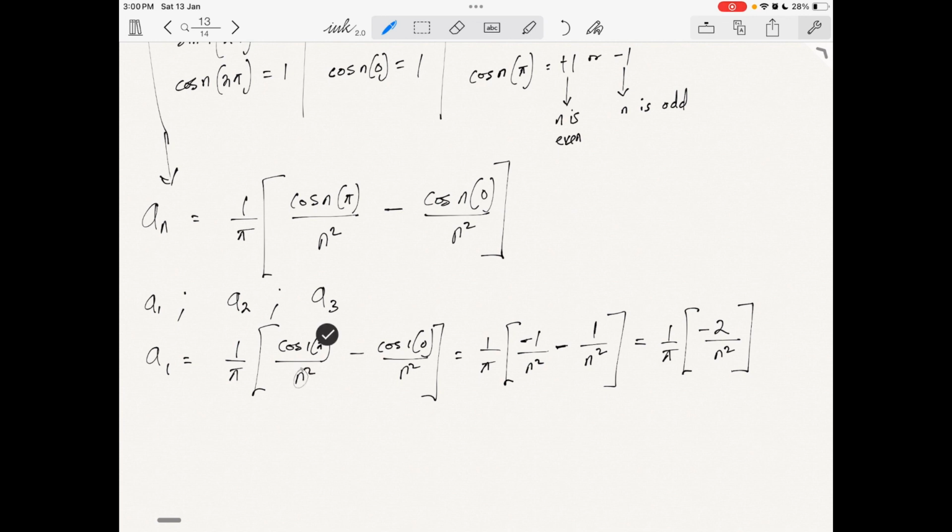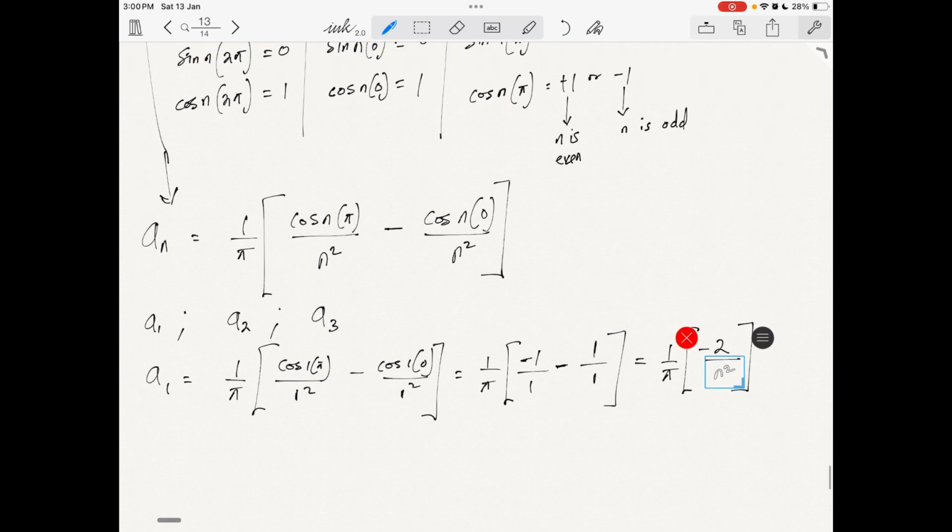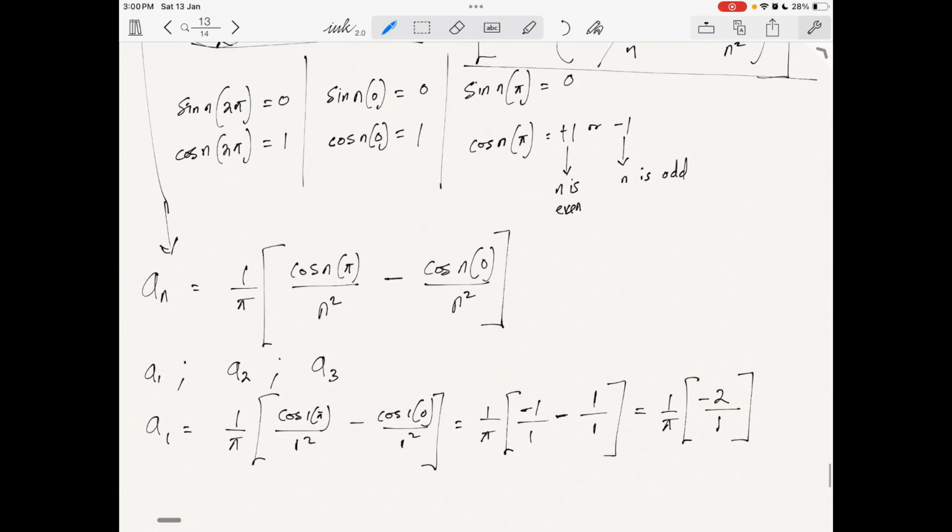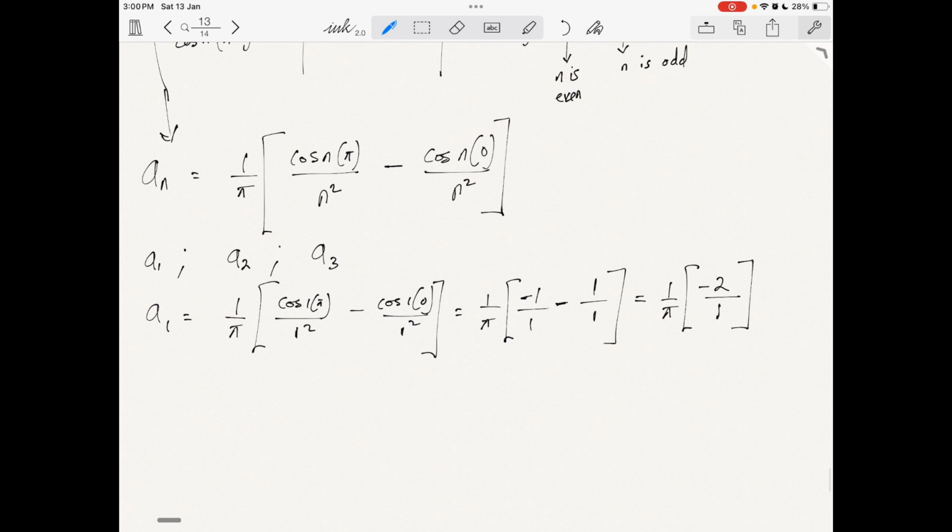Sorry, we should have substituted n to be 1 also. n is 1, and 1 squared is 1. So we'll have it to be minus 2 over π.